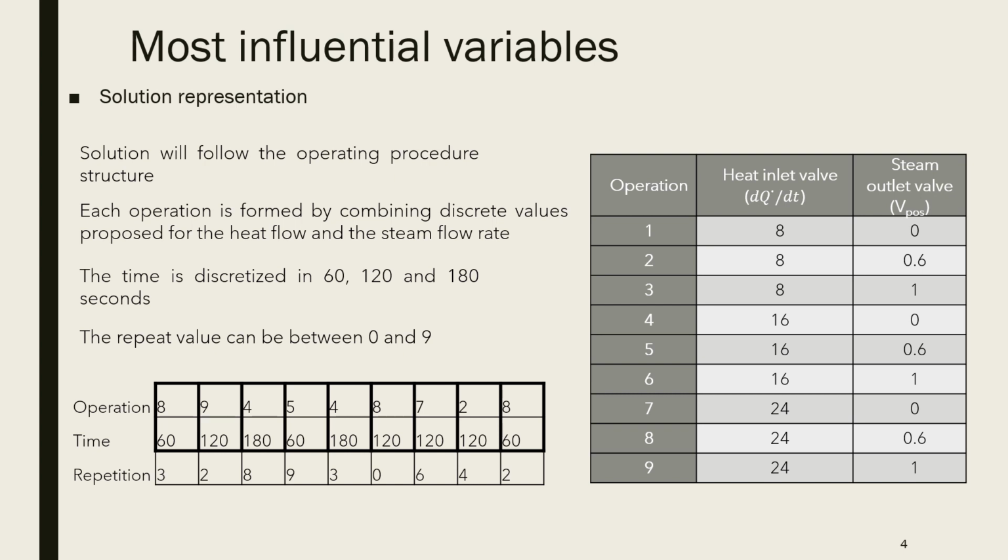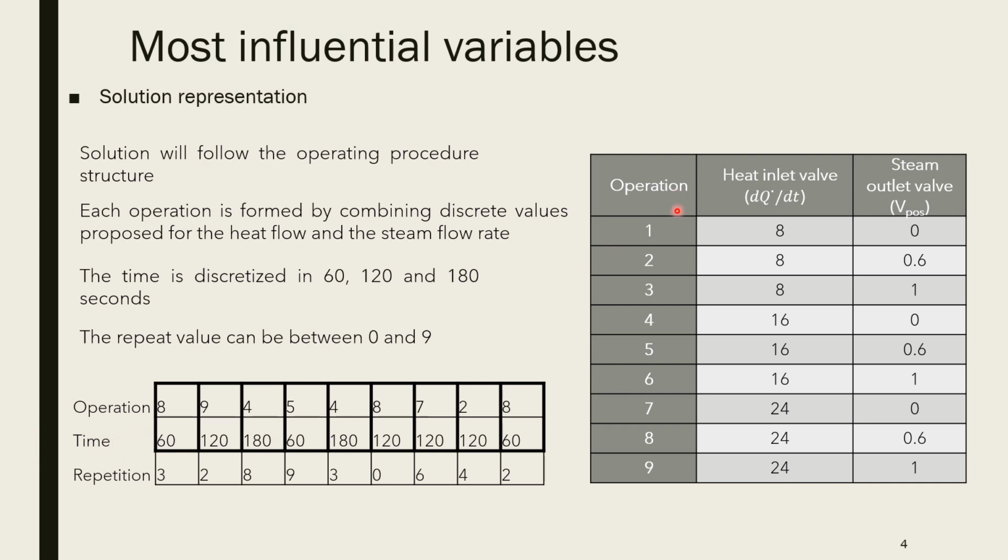Now, the solution representation. The representation of the operating procedure is an important variable. For this problem, the solution representation of the operating procedure can be defined as a finite vector with 3 discrete values in each element: a tuple of operation and time, and a repetition element.